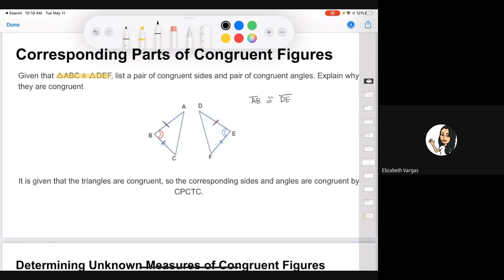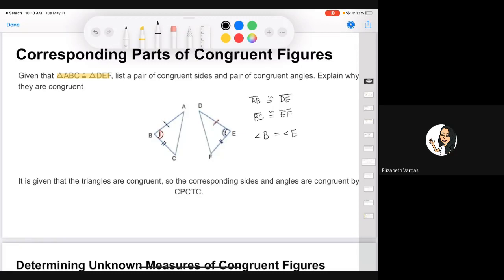Here I can see two dashes here and two dashes here. Those two tell me those two are congruent to each other. So BC is congruent to EF. And what I can also tell is that this angle is congruent to this angle because they both contain that similar symbol. So angle B is congruent to angle E.